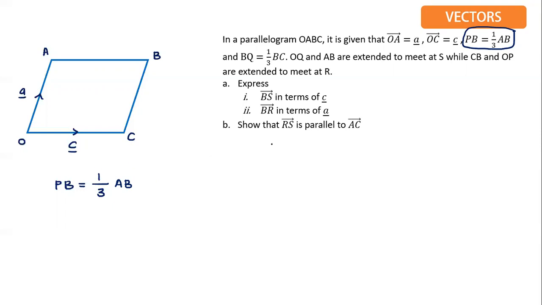That means the AB here, this AB is actually multiplied, so when I bring it over here it is going to be divided. So I'm going to bring the alphabets to one side: PB divided by AB equals 1 over 3. Now you can see clearly that this is the ratio: PB will take one portion and AB is 3 portions.